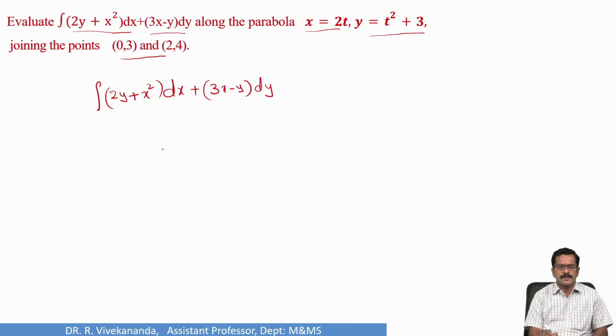This integration is with respect to two variables. We have to evaluate it along the parabola where x equals 2t and y equals t square plus 3. So let us reduce this integrand into the variable t by substituting x equals 2t and y equals t square plus 3.